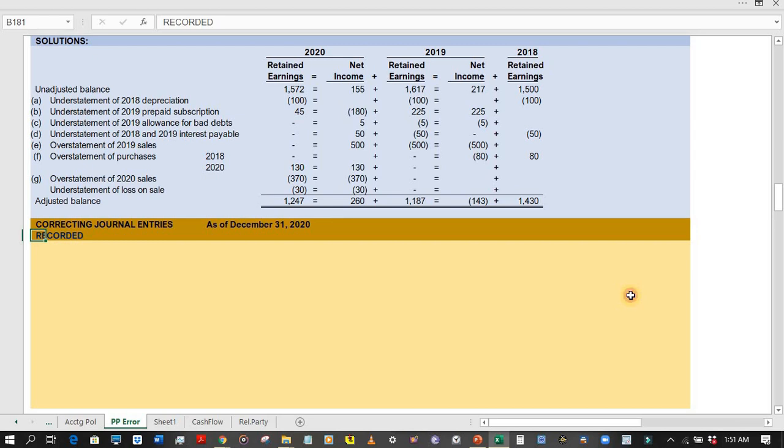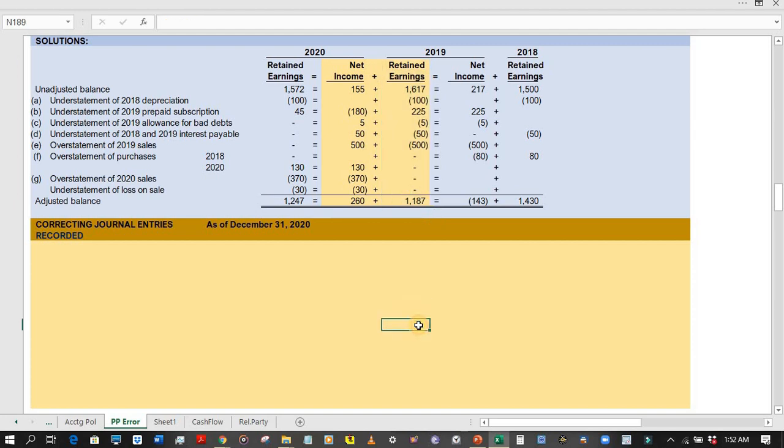So which means our journal entries will be taken from these two columns of our table. So to correct the net income in 2020, these columns will be used where we will use nominal accounts. And to correct the errors in 2018 and 2019, we are going to use these columns. And we are going to use only one account, which is retained earnings.